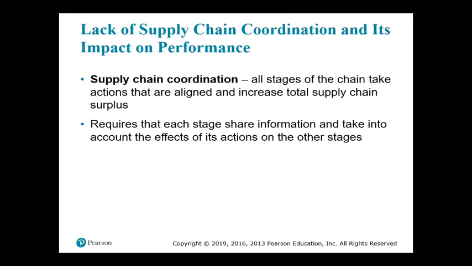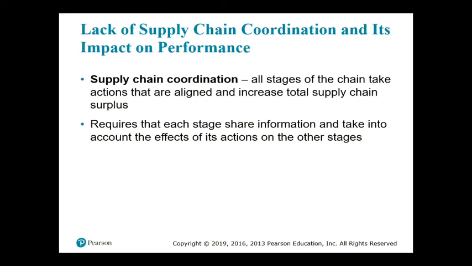And this is difficult because different stages and different companies in the supply chain can often have conflicting objectives. If each company is trying to maximize its own profits or its own benefits, and if their objectives are not properly aligned, they often take actions that hurt the overall supply chain profit.